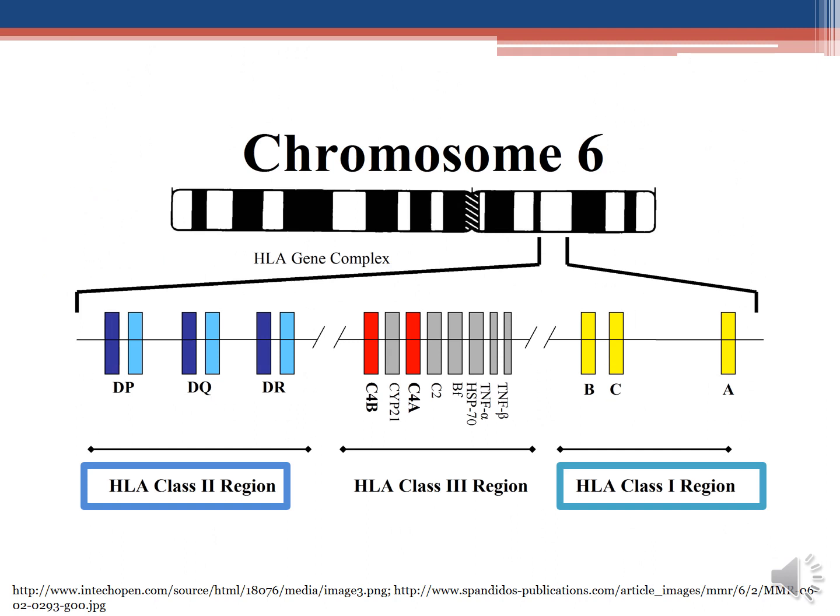Again, on this tiny little region on chromosome 6, we have our class 1, class 2, and class 3 HLA gene complex. So here is where all our information is stored for our class 1 and class 2 MHC molecules, and our class 3 as well. But we're mainly going to be focusing on class 1 and class 2.